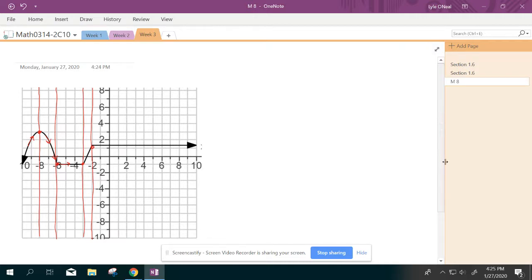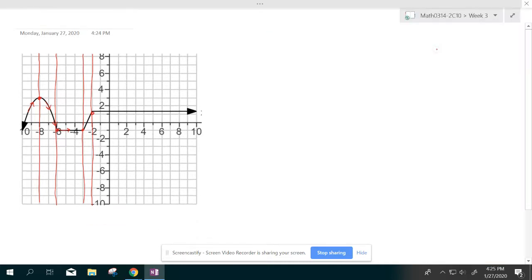Next, we need to label those points at the bottom where they went through the x-axis. So -8, -6, -3, -2. Those are the points where it goes through the x-axis. And then we're going to come back and we're going to label each section what it's doing.